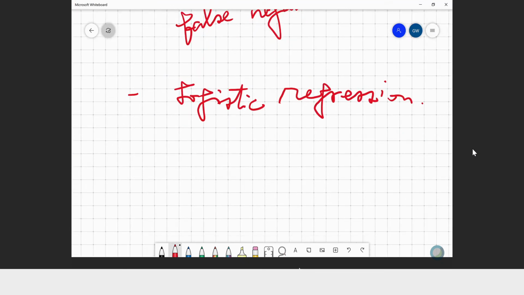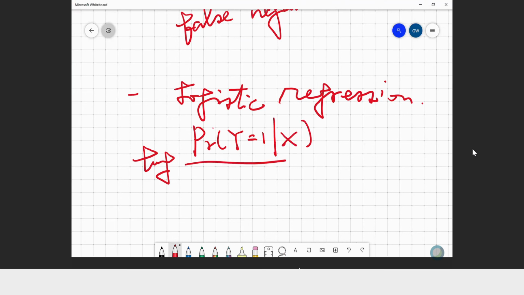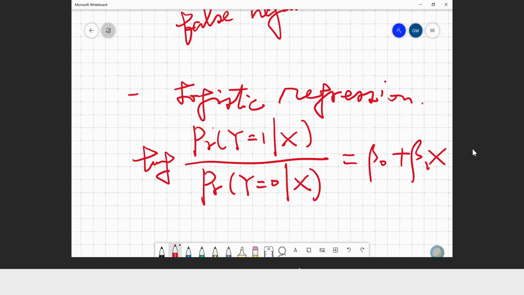So here, for logistic regression, what we did was take the logarithm of the probability of y equal to 1 given your predictor x, over y equal to 0. Certainly you model this as beta 0 plus beta 1 x.